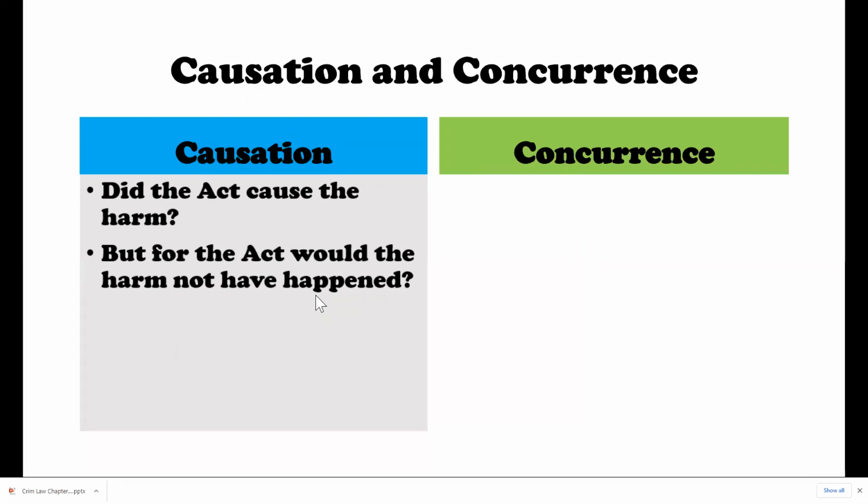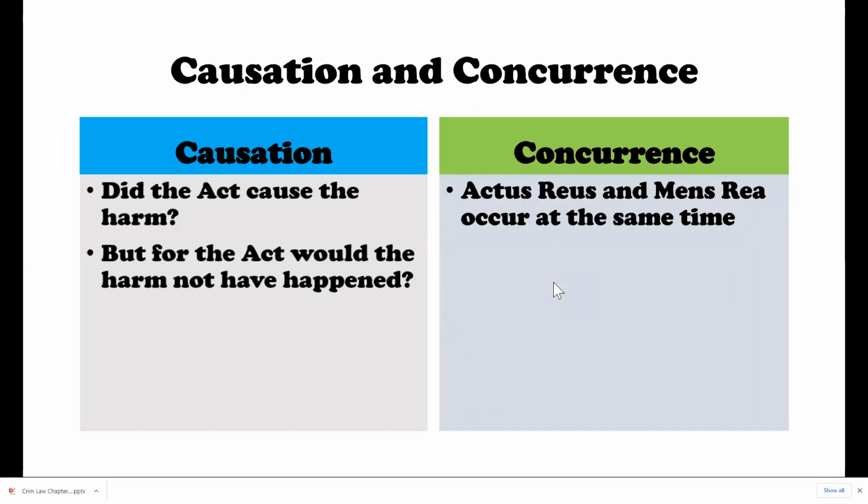So if Jim did not shoot those arrows, would Derek have been killed? And the answer to that is no. Therefore, causation happened. The act caused the harm of killing Derek.